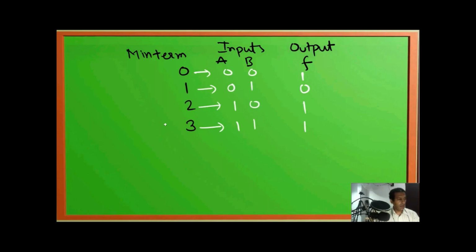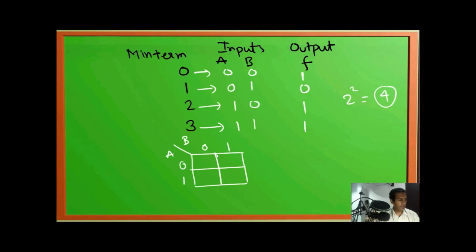Now we have seen how to map an SOP expression. We can do the mapping with a simple 2 by 2 matrix, because as per the 2 to the power 2 formula we have 4 squares. These 4 squares represent the two variable K-map table. On this side we keep A, on this side B, with values 0, 1 and 0, 1.